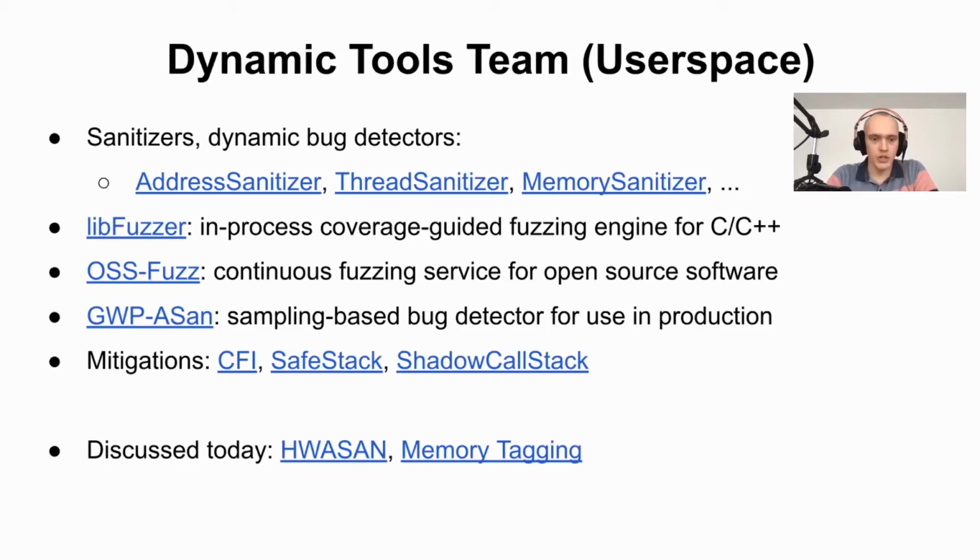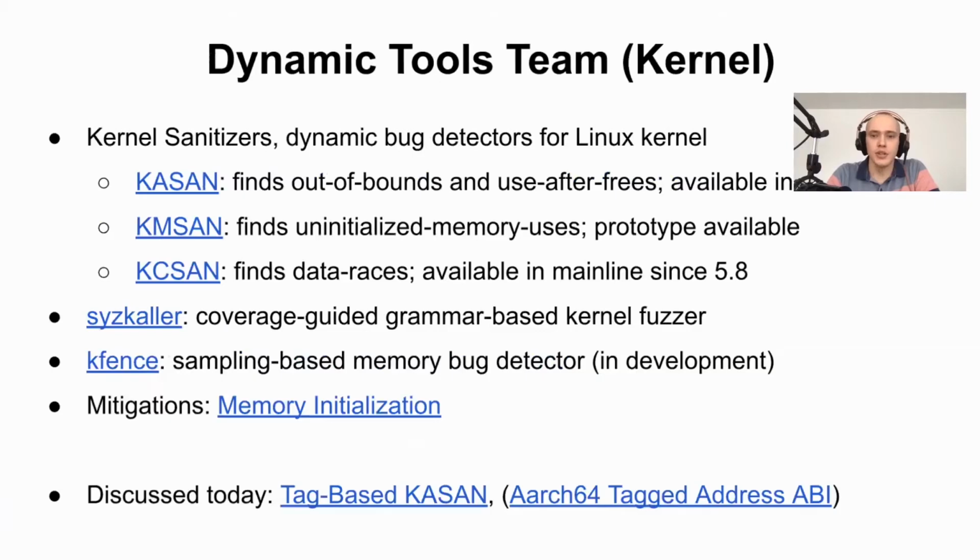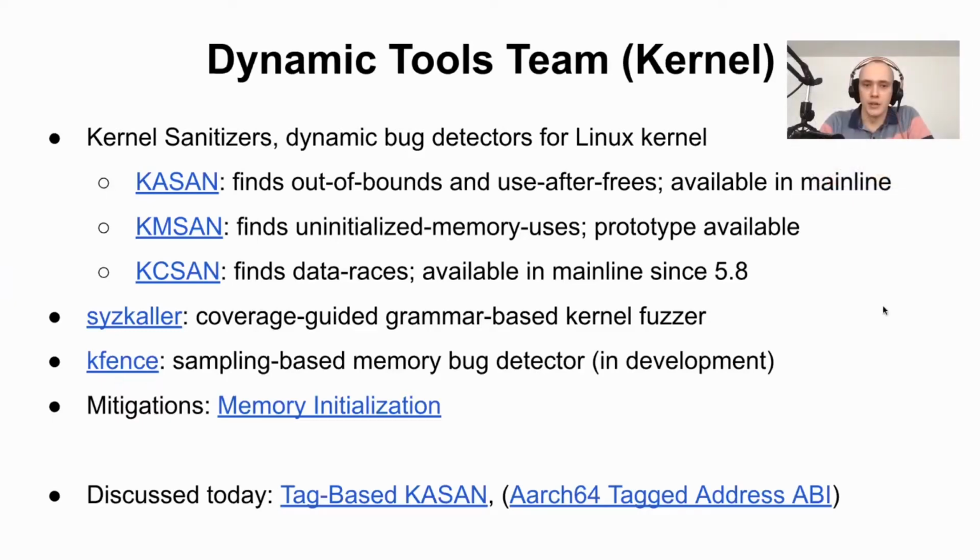Today, I'm going to be expanding more on KASAN, which is hardware-assisted address sanitizer, and memory tagging itself, of course. The second part of the team is where I work, and that part of the team works on kernel tools. For the kernel, we also have a set of sanitizers that allow you to find different kinds of bugs.